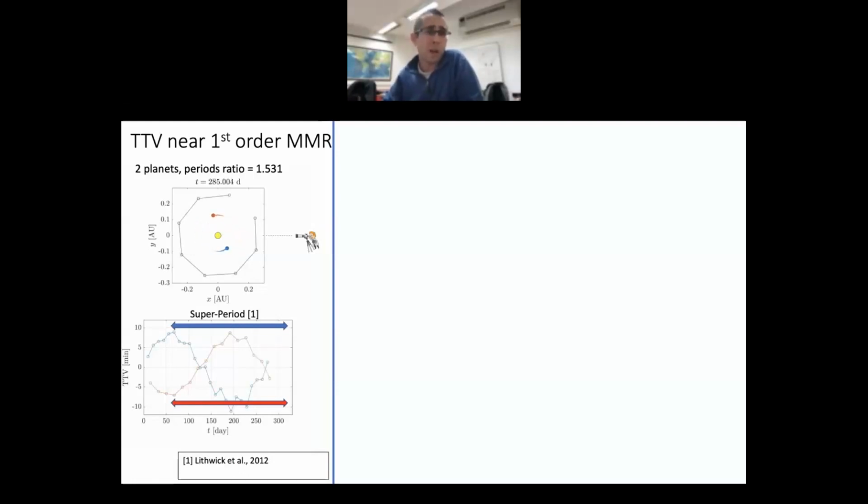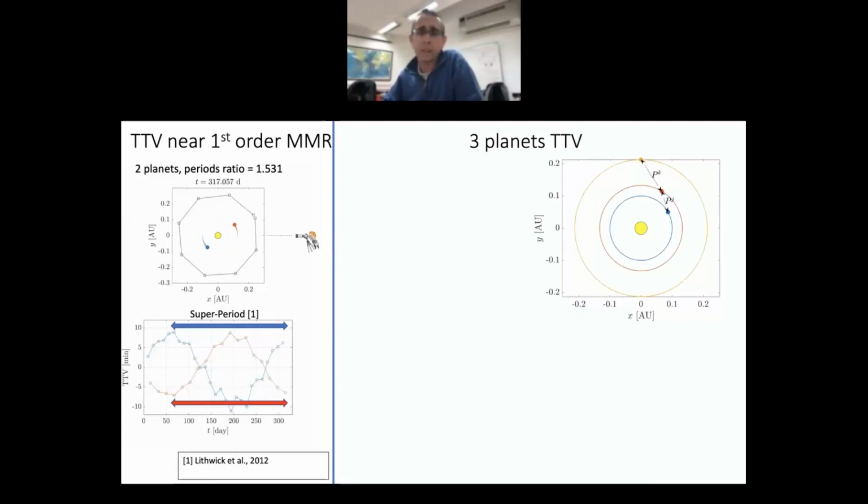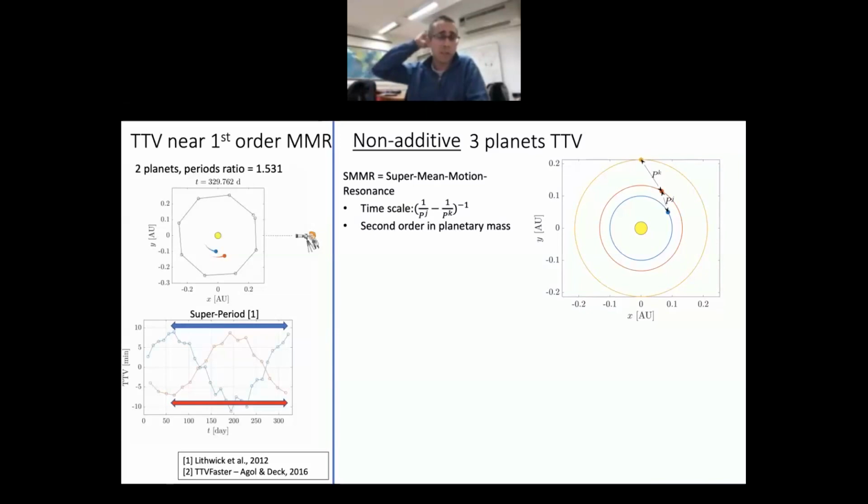What we found while developing this tool is that if we have a chain of 3 planets, so we have an inner pair which has a super period Pj and an outer pair that has a super period Pk, if those super periods are close to each other, then you can't just naively sum up the TTVs of the pairwise interactions, but you also need to take into account the simultaneous interaction of all 3 planets, and we call this effect the super mean motion resonance.